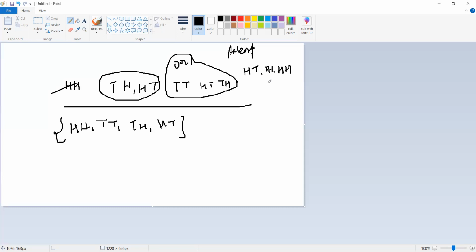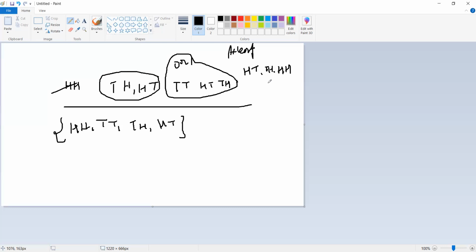Okay, so 2 power 5 is 8 into 4, 32. So 32 is your sample space. You can calculate and see.